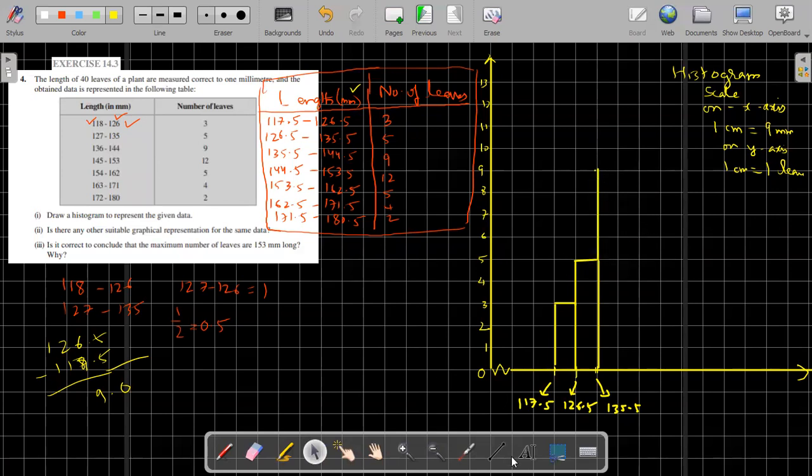Then after 9 is 12: 9, 10, 11, 12. After 12, 5: 1, 2, 3, 4, 5, 5 is here.